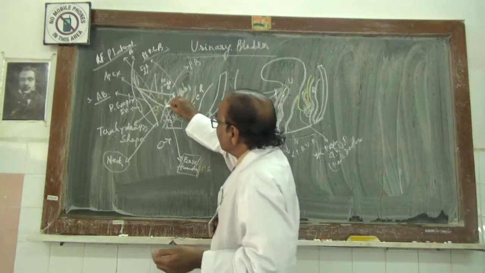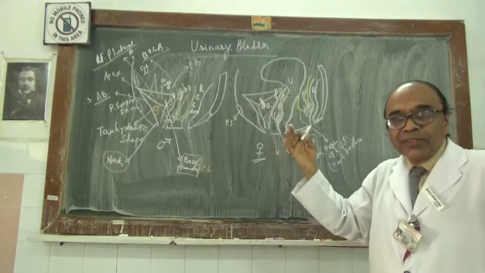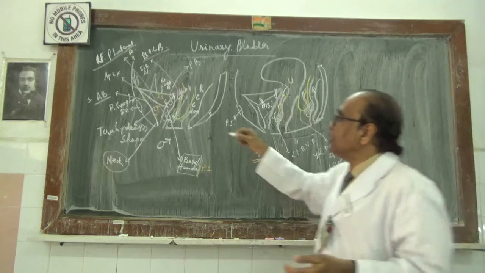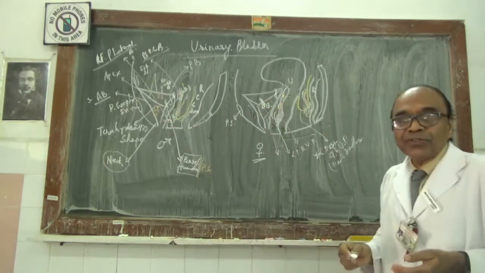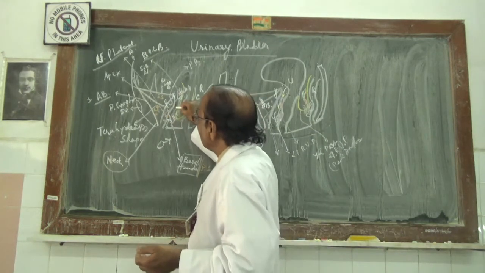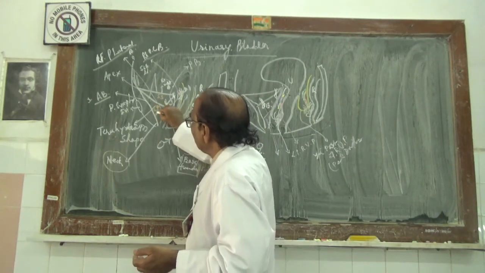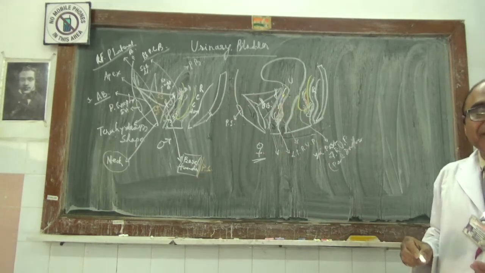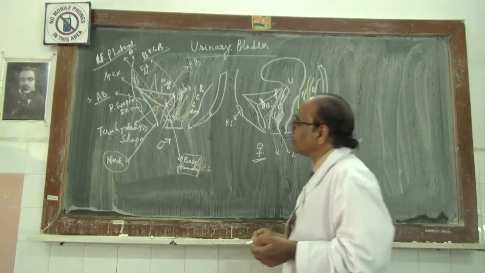These borders start and run almost downwards and medially. These two borders separate the base from the right and the left infralateral surfaces respectively.